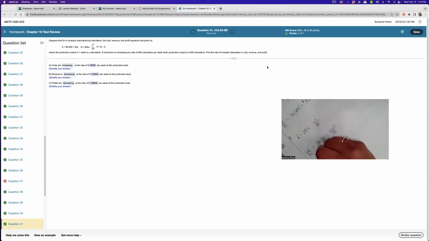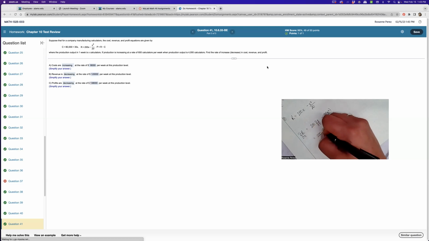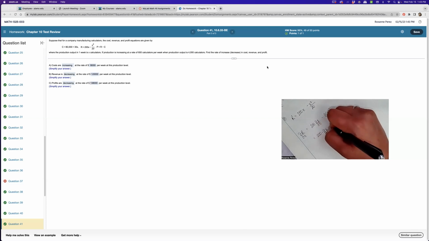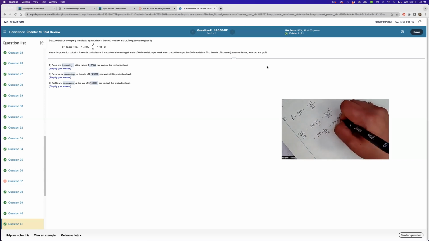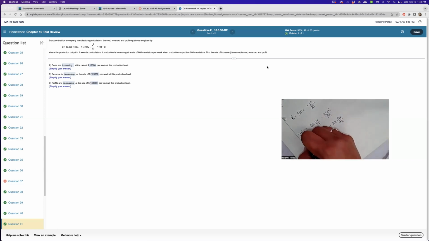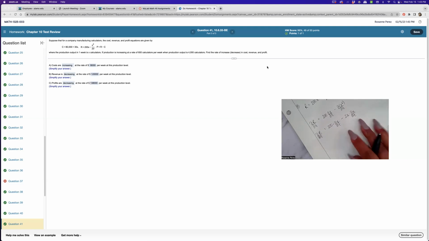And this is going to be 200 times the derivative of x with respect to t minus, we need to take the derivative of the x squared, so that's 2x times the derivative of x with respect to t, and that's our rate of change for revenue with respect to time.